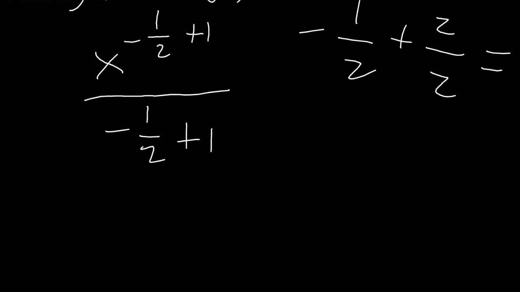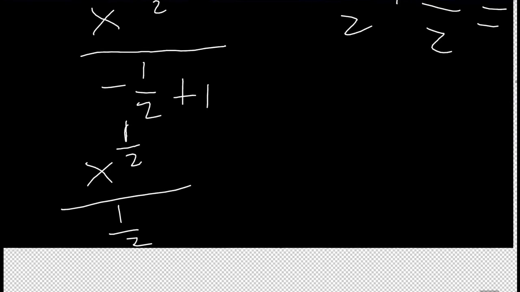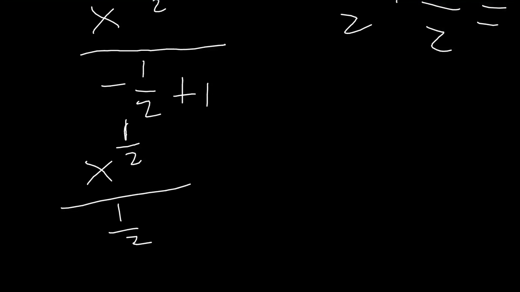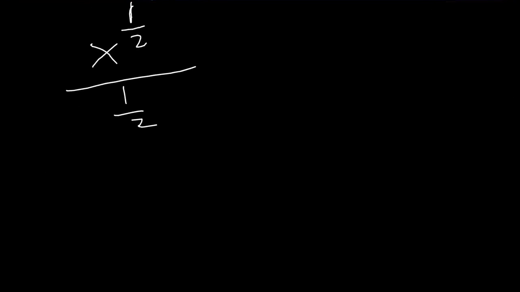So it's going to be x to the half over a half. And now we can multiply by the reciprocal, because this is just x to the half over 1 over 1 over a half.